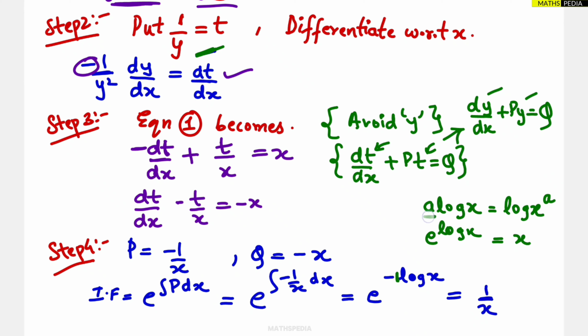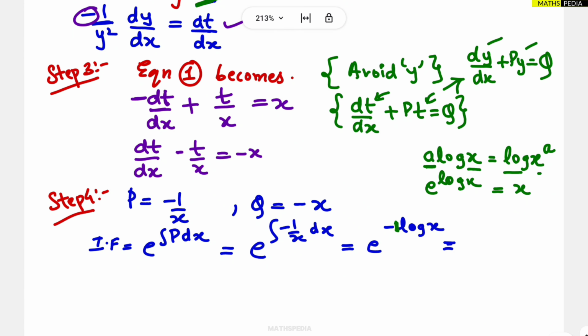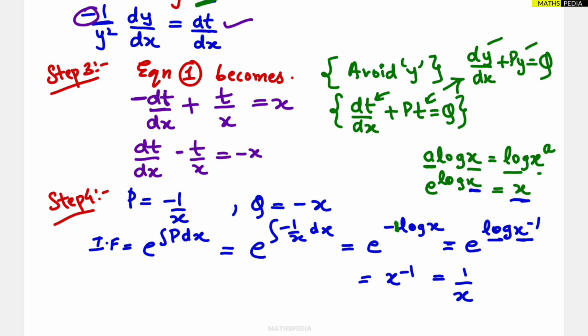Now when you apply this, this minus 1 is there, it will go up. Let me just write it to avoid confusion. So this is equal to e power log x power minus 1. Now e power log anything is that thing only. It is equal to x power minus 1, which is equal to 1 by x. This is how I got 1 by x.